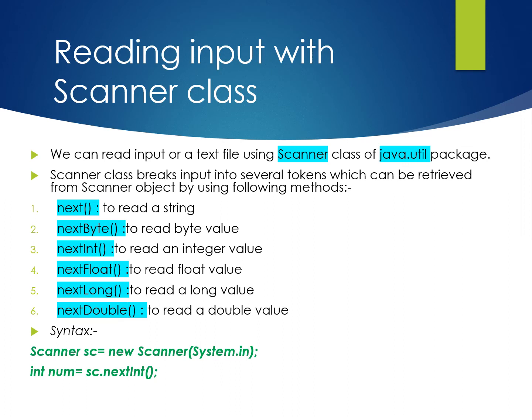We can write the syntax as Scanner sc = new Scanner(System.in), and the next statement will be int num = sc.nextInt(). Here sc is a scanner object and num is an integer type, and we are using nextInt to read the integer num.